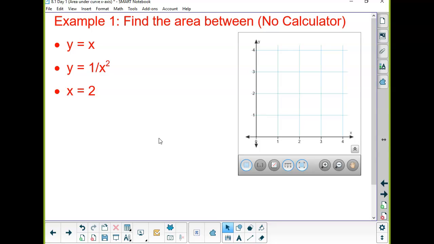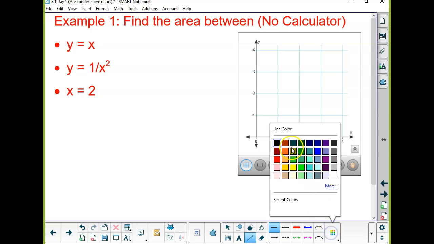So the first part then is, how do we get a graph? What if I can't use my calculator and I don't remember what the graph of 1 over x squared looks like? So here's what I would do.